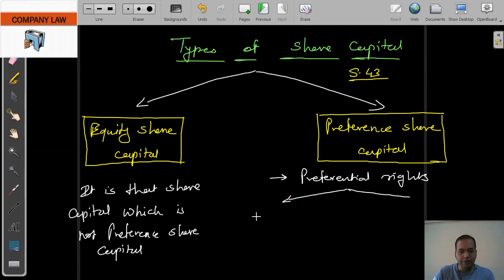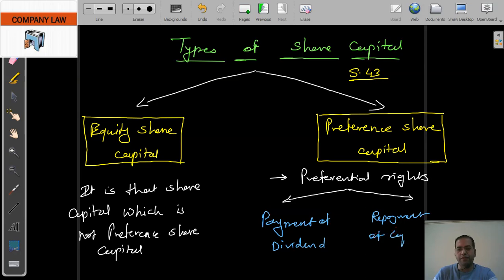It gets preferential rights in payment of dividend, and second, in the event that the company goes for winding up, in repayment of capital.